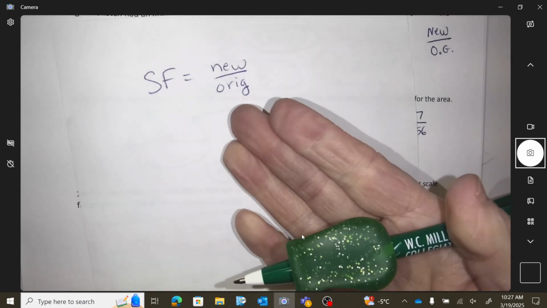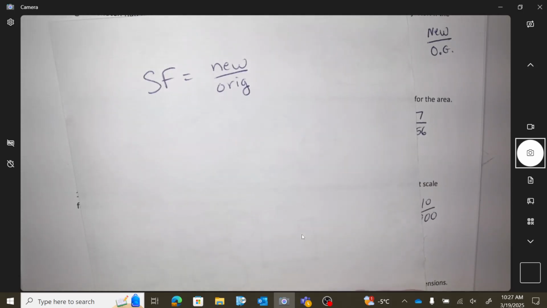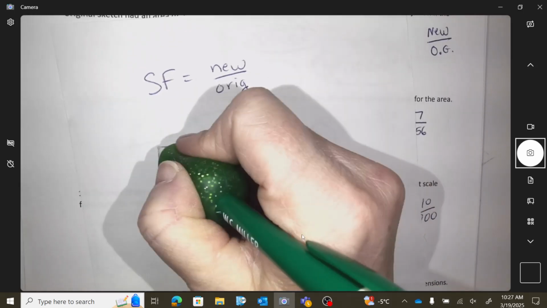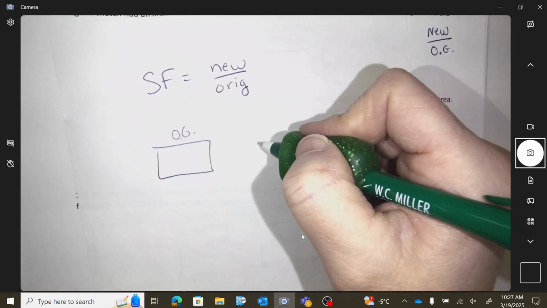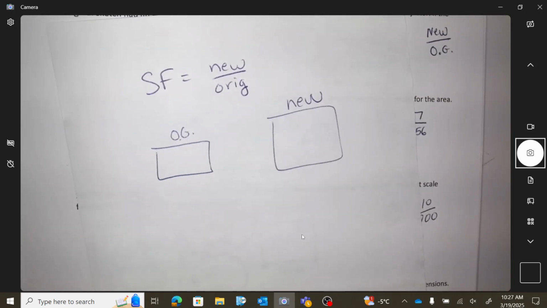A scale factor is always a new divided by original. You guys already have it on there where if it's getting bigger, it better be over 1. If it gets smaller, it better be less than 1. Okay?